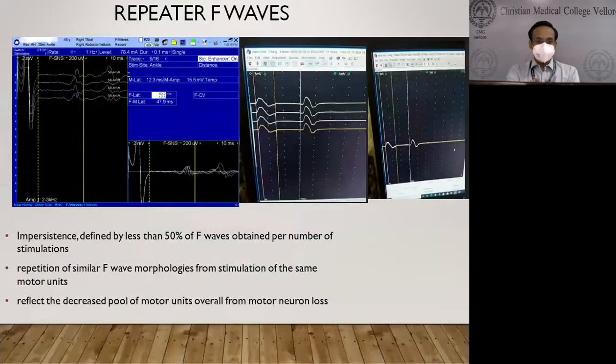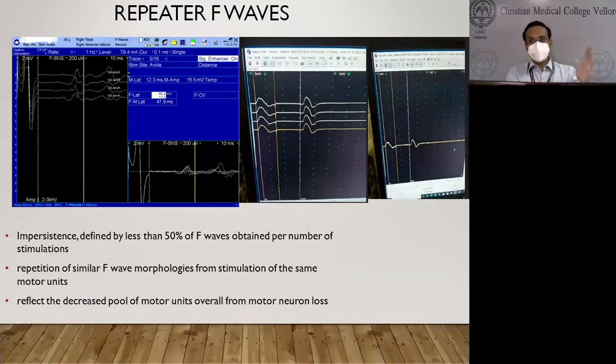If you do F waves in the early aspects of the disease, we may not see any significant abnormalities. But as the motor unit loss increases, remember that F waves are a marker of 1 to 5% of the anterior horn cell pool of that particular nerve.